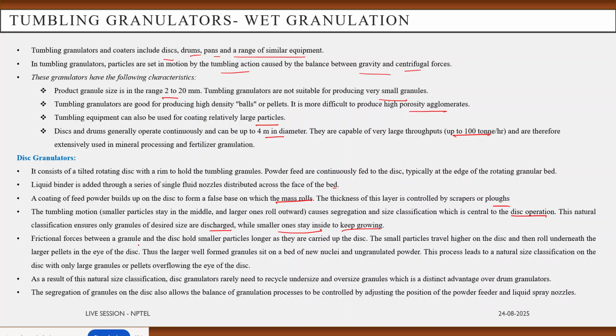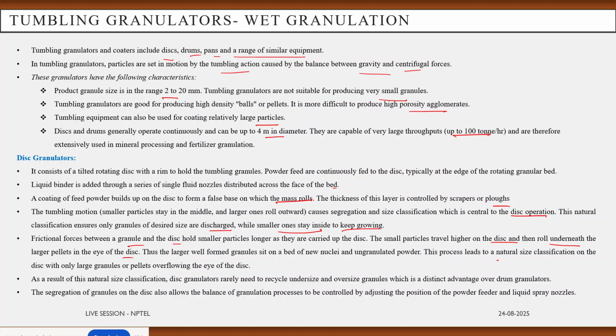The frictional forces between the granules and the disc hold smaller particles longer as they are carried up the disc, and the smaller particles travel higher on the disc and roll underneath the larger pellets in the eye of the disc. Thus, the larger well-formed granules sit on the bed of new nuclei and granulated powder.